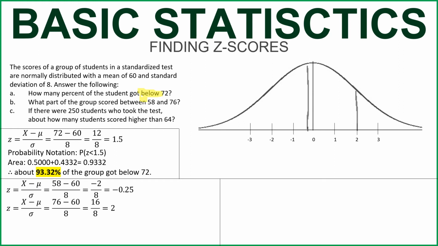Ngayon, saang portion yung kukulayan natin? Sabi dito, it's between 58 and 76. Therefore, yung shaded portion natin sa normal curve is yung sa gitna ng negative 0.25 and 2. So, shade lang natin siya.